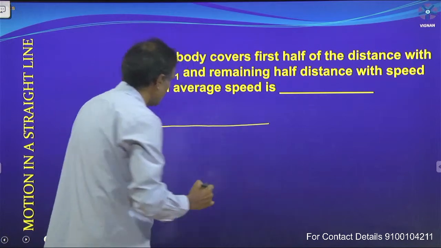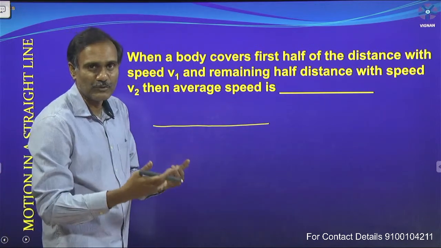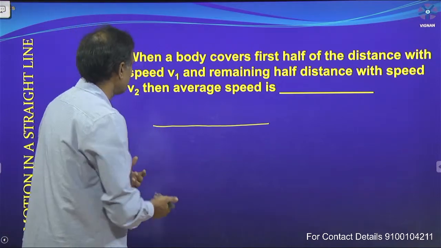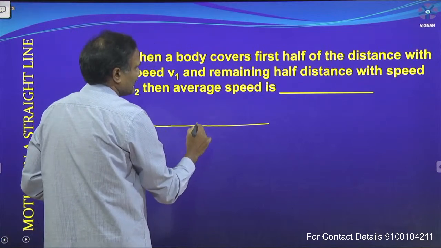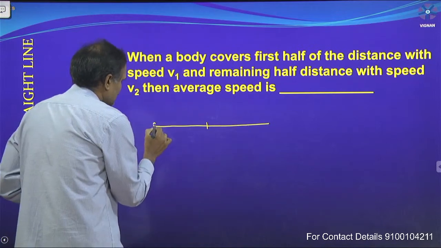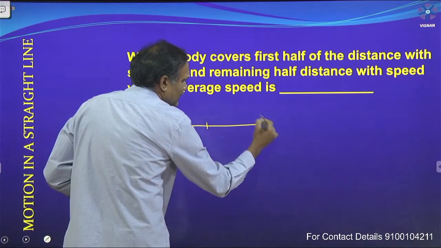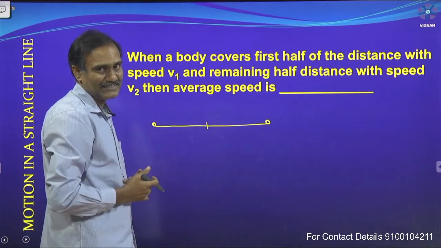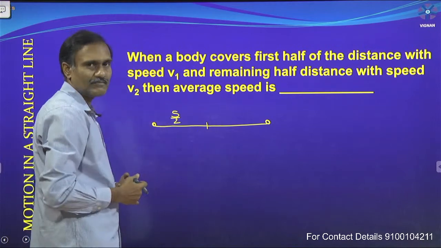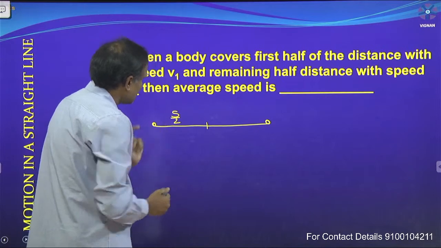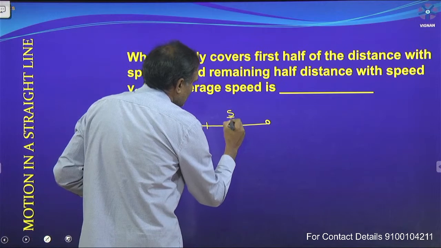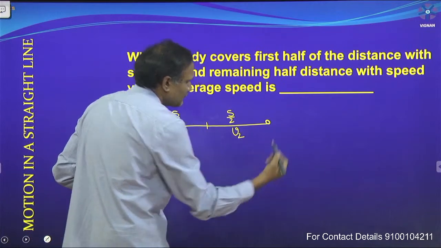Here the particle, or body, or car, is moving along the same straight line. Let the total distance travelled by this particle be s. The first half of the total distance is s by 2, covered with speed v1. The second half of the distance is covered with speed v2.